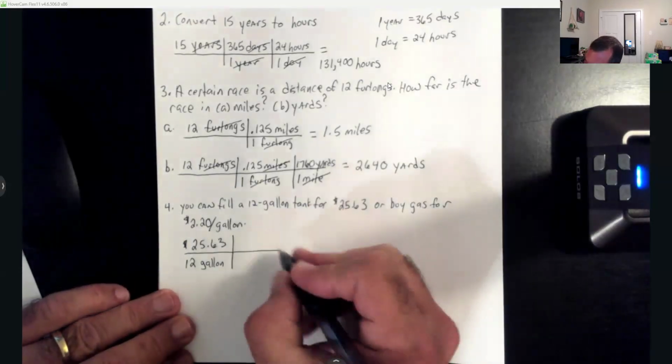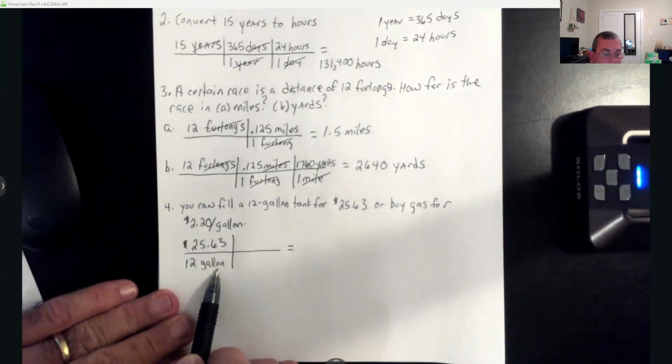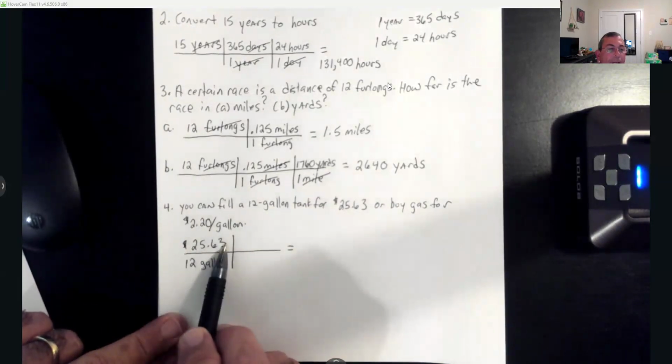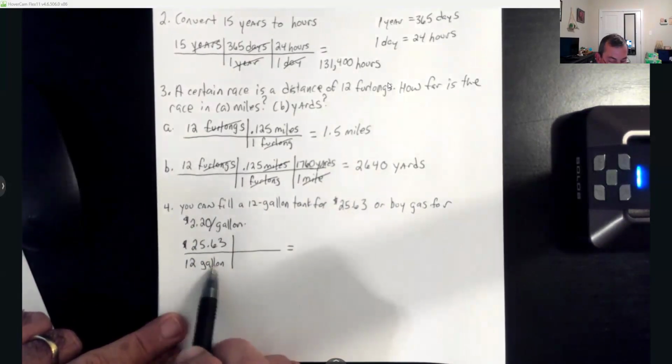All right, so notice when I'm done, I'll have the price per gallon. So what we need to do basically is take 25.63, and since the 12's on bottom, we need to divide by 12.